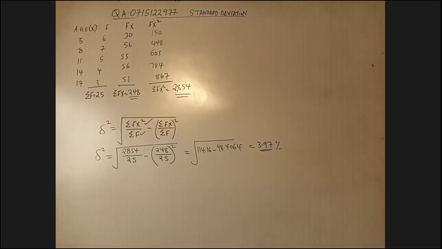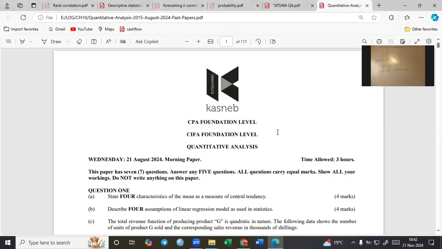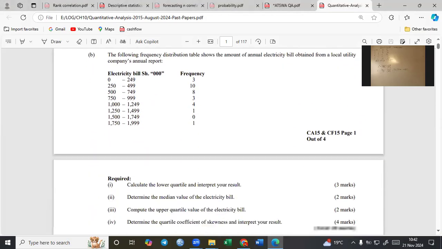Let me share the board. Now there we have it. Now, the sitting August 2024, standard deviation.